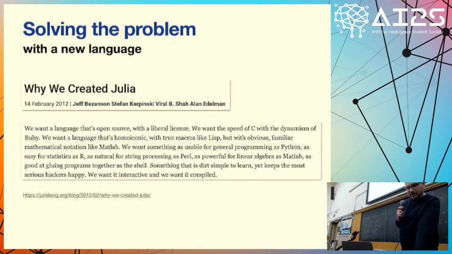So a language which is as fast as C, which is as dynamic as Ruby, which is another high-level programming language. It's not only fast but also extremely flexible, and in some sense with characteristics from many other programming languages, like Lisp.